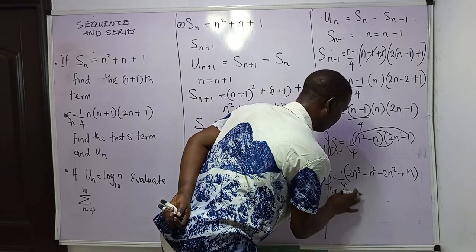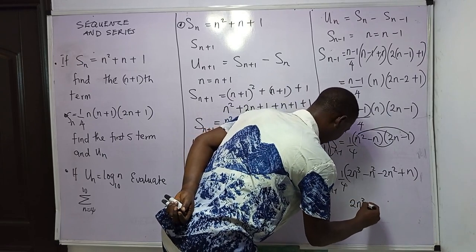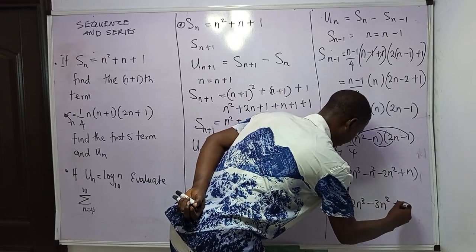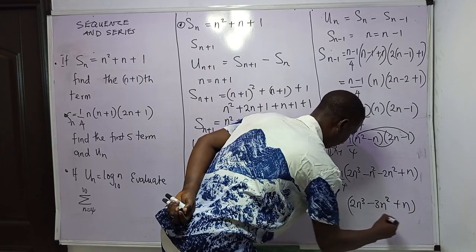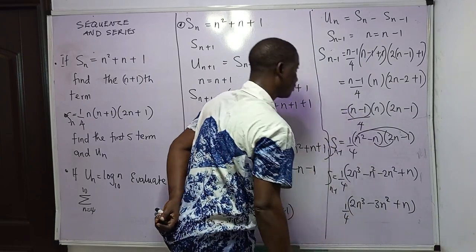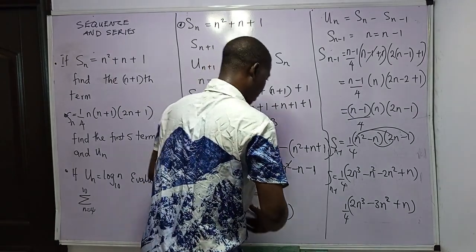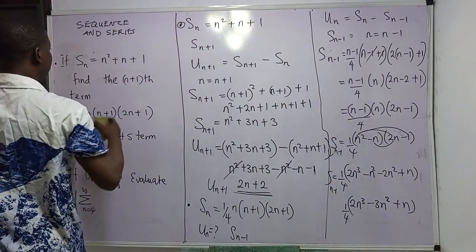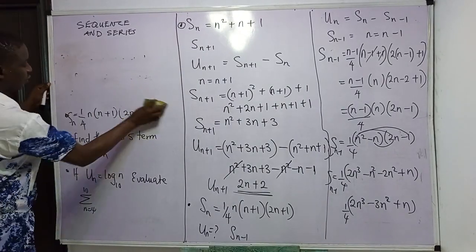So we have 2n cubed minus 3n squared plus n, into bracket, 1 over 4.